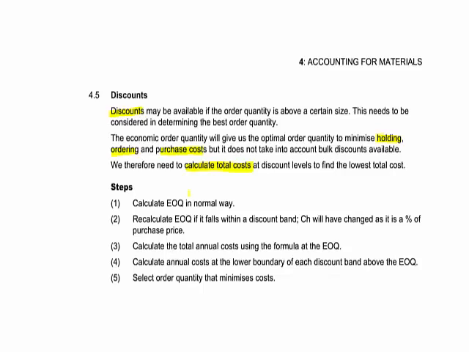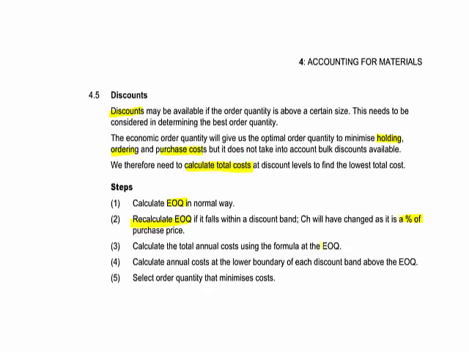So what we do then, first of all, we calculate the EOQ as normal, but we will then need to recalculate it if it falls within a discount band. And the reason for that is because the holding costs change if it's a percentage of the purchase price and the purchase price falls.